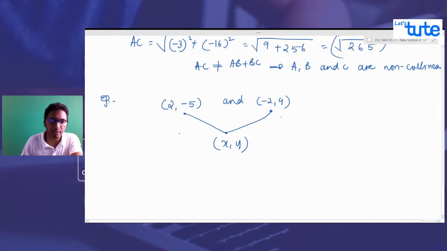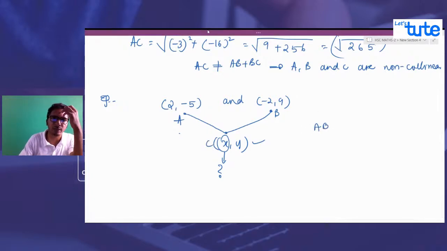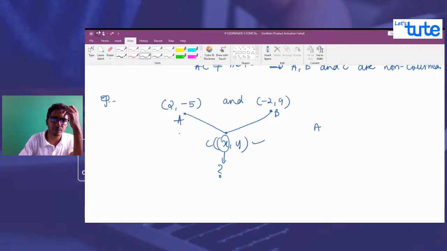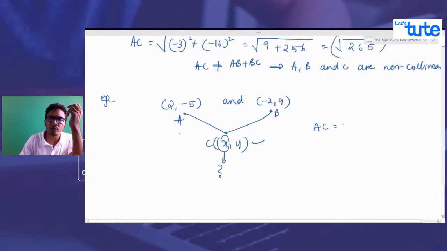2 comma -5 and -2 comma 9, and the question is to find the x coordinate of the unknown point. So this is the question. There is a point which is equidistant from these two given points, and we have to find the coordinates of this unknown point. So let us say this is A and this is B and this is C. So basically we are given that according to the scenario, AC equals to BC.